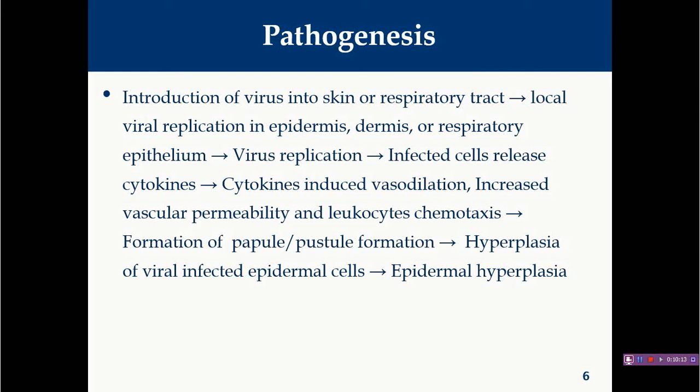So initially you will find papules, then vesicles, then when neutrophils enter the vesicles, you will find pustules, and slowly these pustules will rupture, the necrotic debris will come out over the surface, and you will find scabs over such lesions.